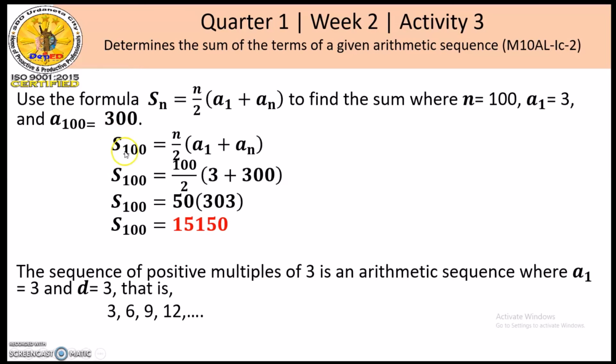So we substitute n equal to 100, a1 equal to 3, and a sub n equal to 300. So 3 plus 300, we have 303 multiplied by 50, so we have 15,150.